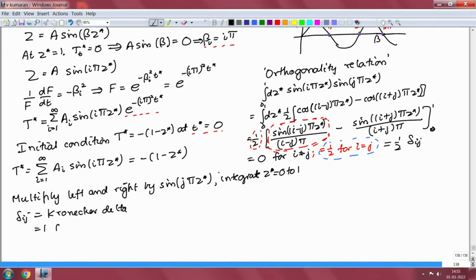This is equal to 1 for i equal to j, and it is equal to 0 for i not equal to j. So, that is the solution you get when you multiply the left and the right sides by sine j pi z, and integrate from 0 to 1.